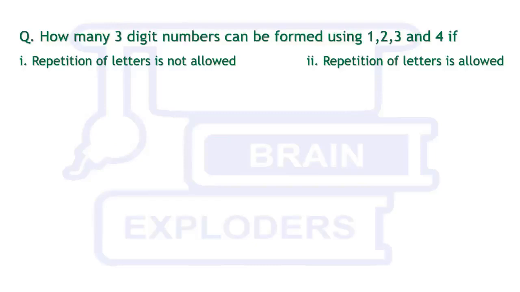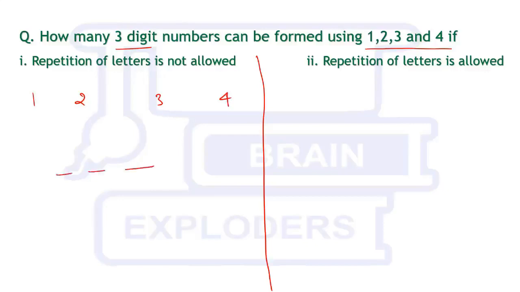Let's understand it with the help of an example. How many 3-digit numbers can be formed using 1, 2, 3 and 4? We can use these numbers to make a 3-digit number. So for the first digit, in the case in which repetition is not allowed, we have 4 choices.